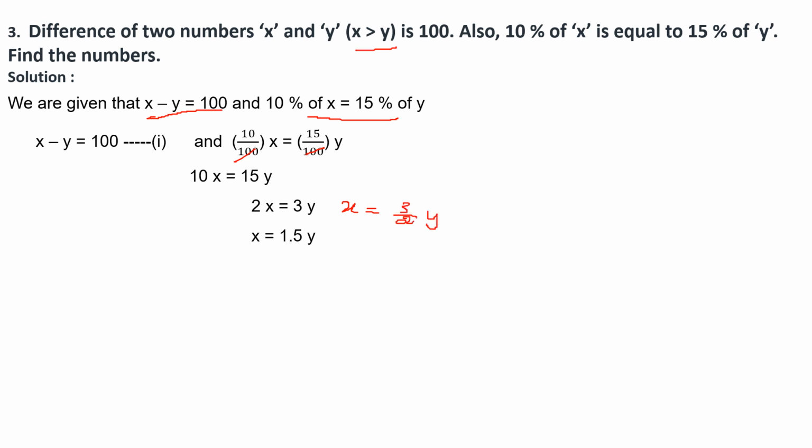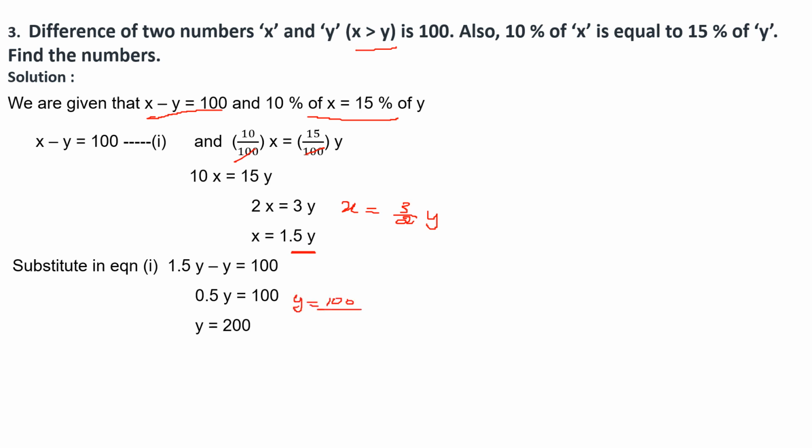So 3 by 2 is 1.5y. Now substitute x is equal to 1.5y in equation 1. So we get x minus y, so 1.5y minus y is 100. 1.5y minus y is 0.5y, so 0.5y is equal to 100, or y is equal to 100 divided by 0.5. So 100 divided by 0.5 is 200.